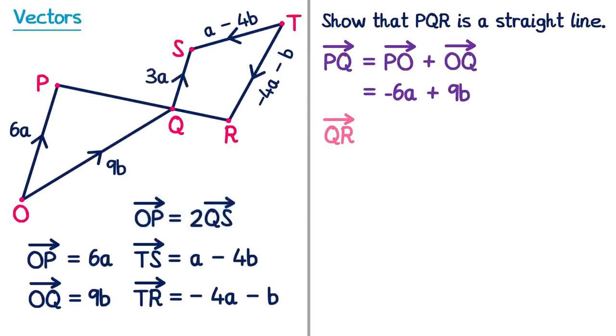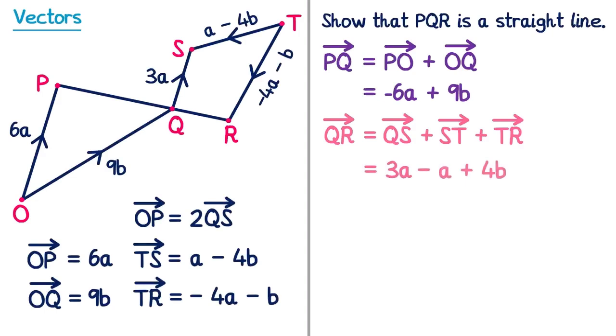We can now get from Q to R by going from Q to S, and then S to T, and then T down to R. And we have all of these vectors on the diagram now. So from Q to S is 3a, and from S to T we go against that arrow, so we need to change the signs of those terms, so it'll be negative a and plus 4b.